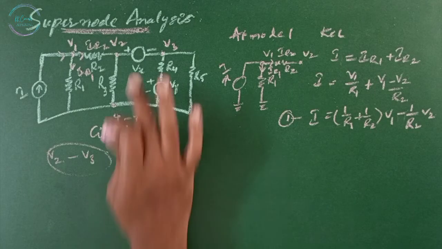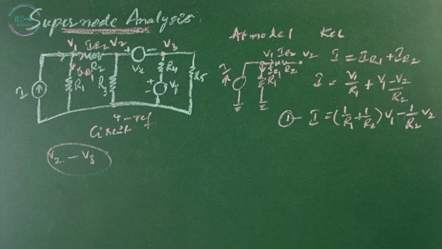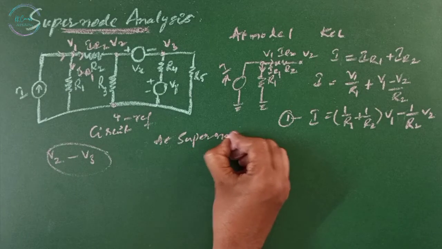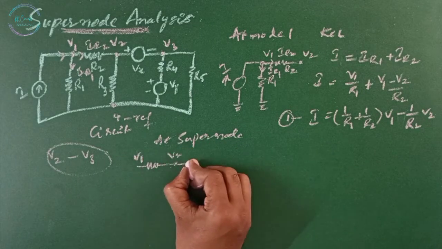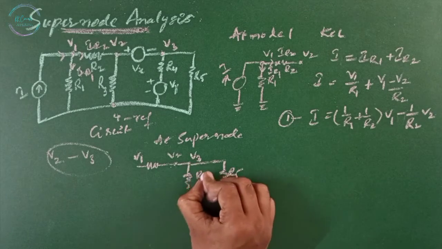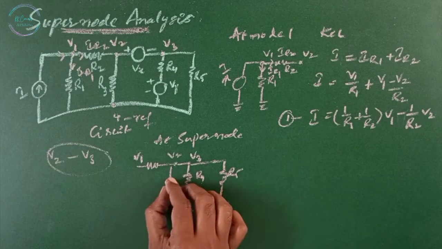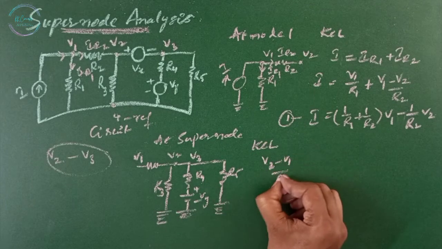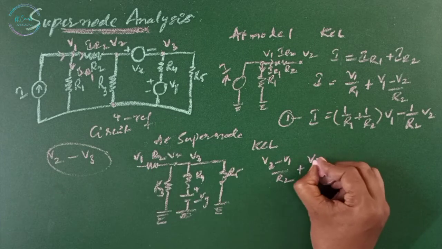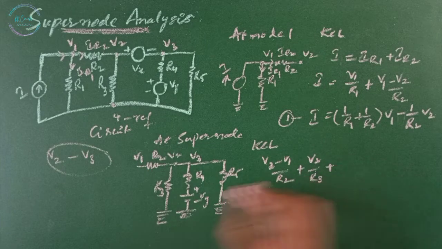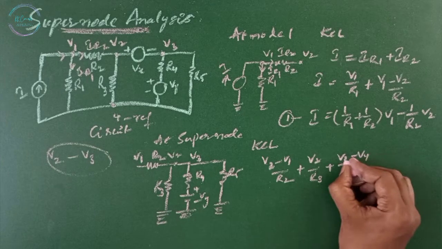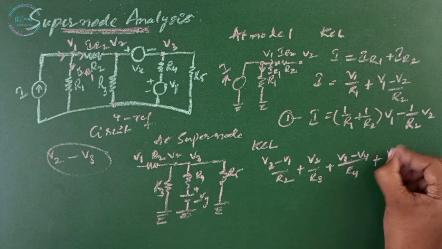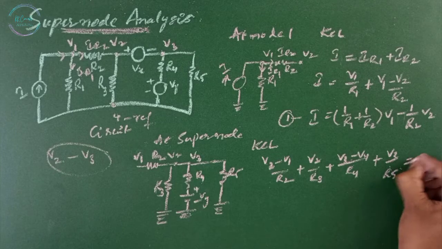Now, due to the presence of Vx between V2 and V3, we use the supernode technique. Accordingly, we combine nodes 2 and 3 as a supernode. Applying KCL, (V2 minus V1) by R2 plus V2 by R3 plus (V3 minus V1) by R4 plus V3 by R5 equals 0.